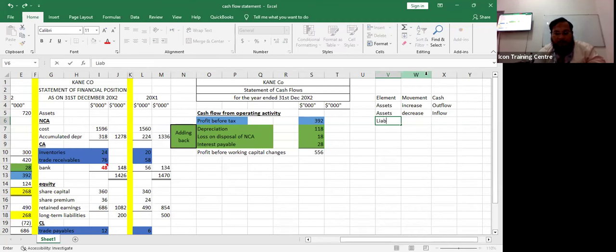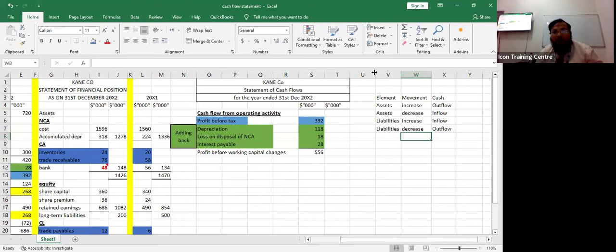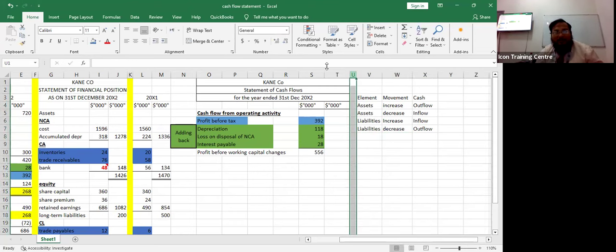When your liabilities increase, inflow. And when your liability decreases, it is out. Liability increasing, you are taking a loan from somewhere, so your cash is increasing.